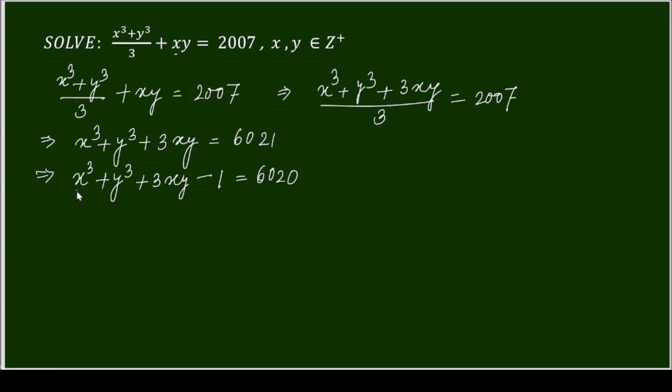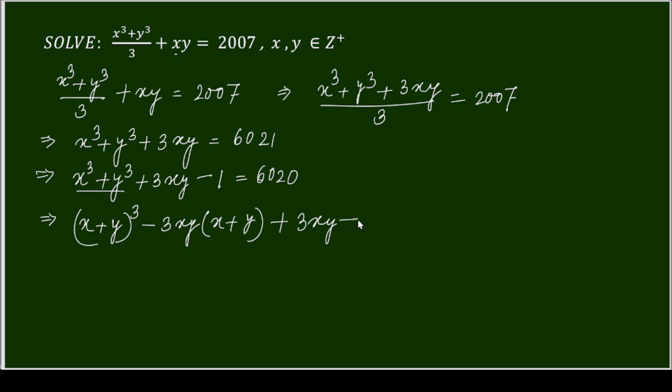Now I'll apply the formula for x³ + y³, which is nothing but (x + y)³ minus 3xy times (x + y), and plus 3xy as it is, minus 1 equals to 6020.